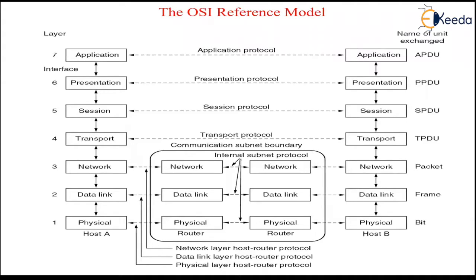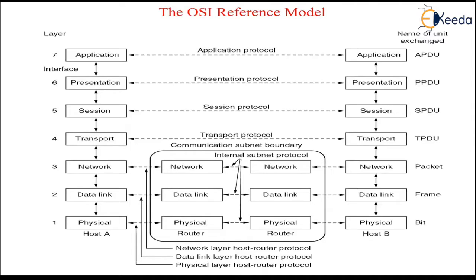There are some principles used for designing the 7 layers of the OSI reference model. These design principles assume a layer should be created where a different abstraction is needed. Each layer should perform a well-defined function.